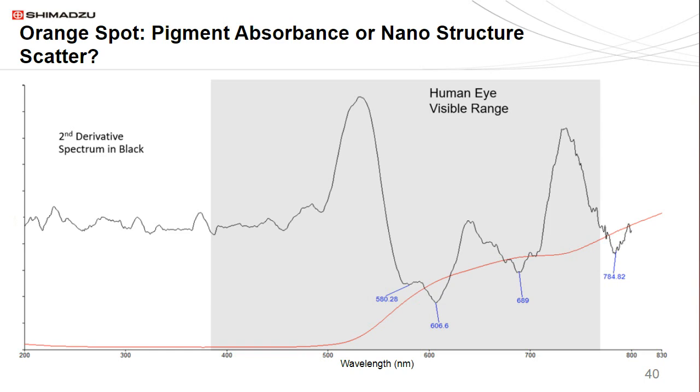You can't see a whole lot from the parent spectra of just the percent transmission or log of 1/R, but when you do a second derivative, you now see distinct structure of at least 4 peaks within this region from 800 down to 500, which is exactly what you'd expect for an orange or reddish color.